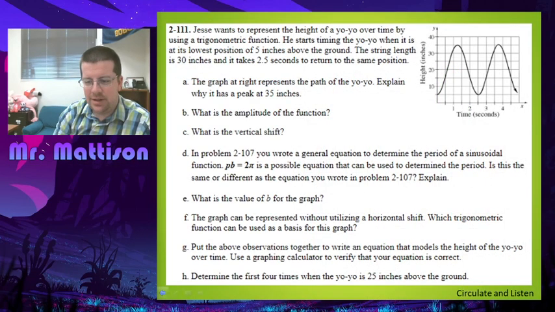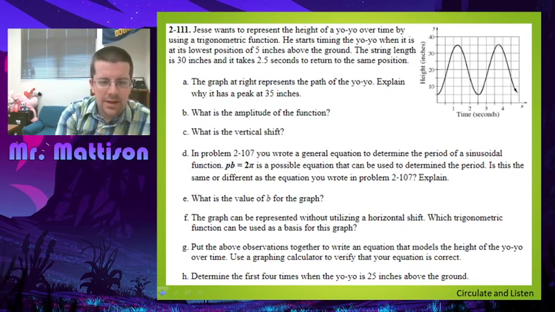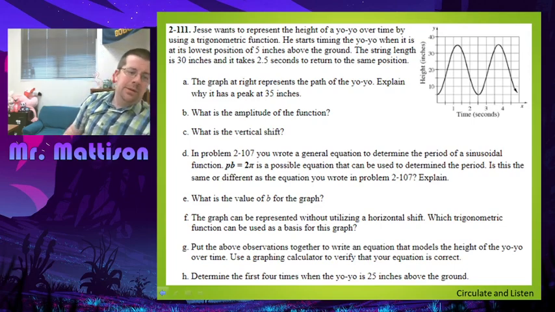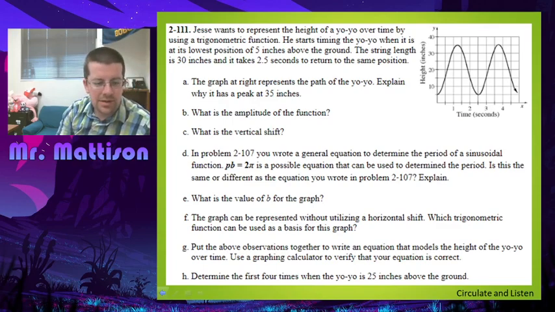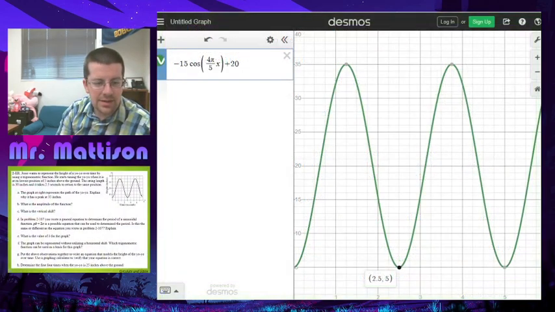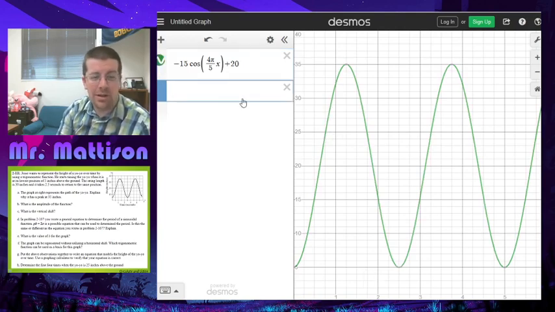Hop back over here. Determine the first 4 times when your yo-yo is 25 inches above the ground. So when I'm 25 inches above the ground, I'm on this line here. So that's here, and here, and here, and here, and so forth. To find those it's a little bit difficult, but on a graphing calculator it's really easy.